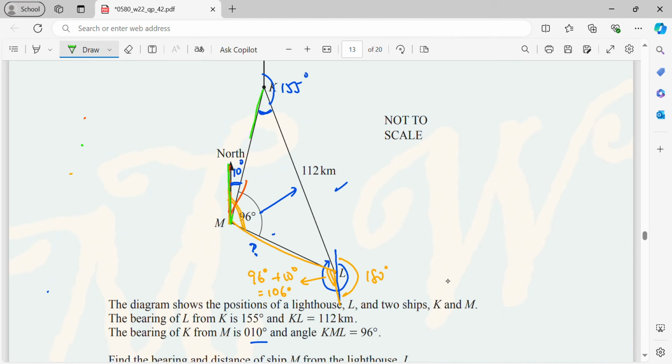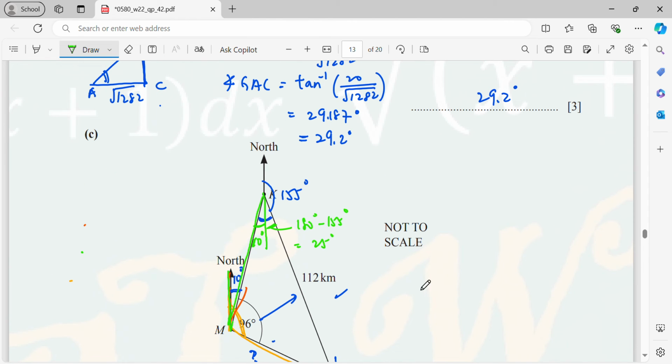Here is 10. That means this is 10. Okay, and one whole half circle, it will be 180. That means this is going to be 180 minus 155. Then I will be getting 25. So this is 25 together with this 10. The angle is 35.